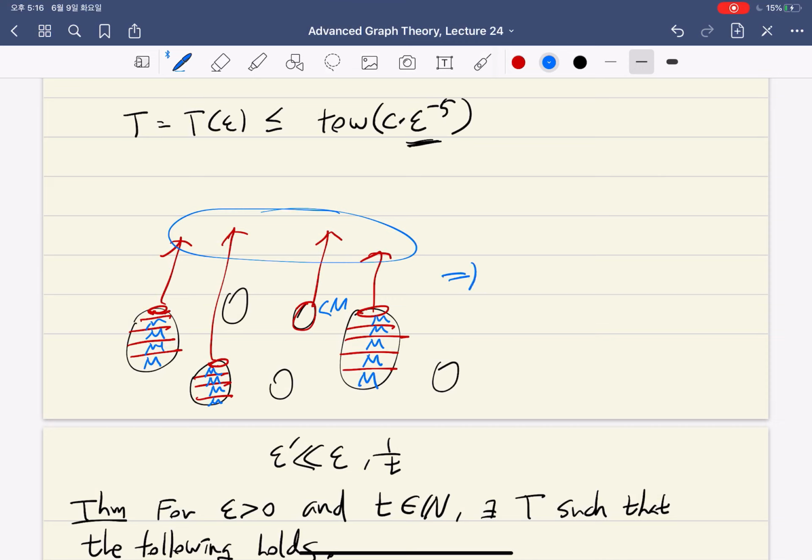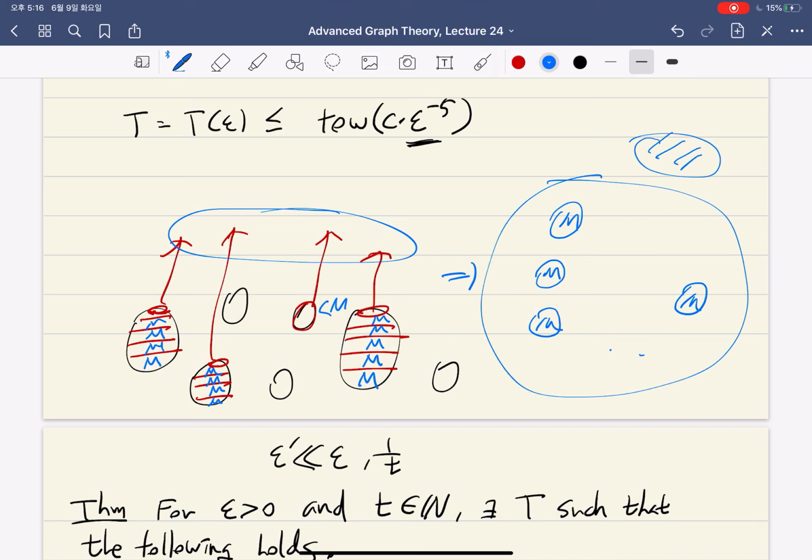After this, each set has size m, and we have some vertices we have collected before. We can show that this collection has size smaller than a certain number, where the total number of vertices is n.